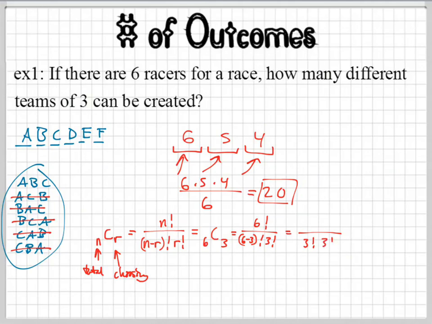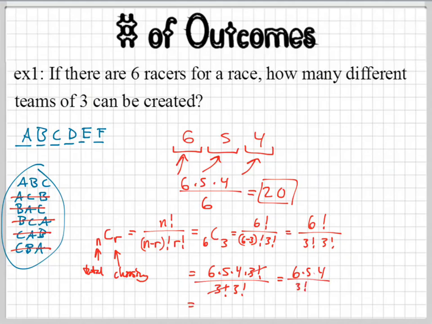So I have 3 factorial and 3 factorial on the bottom, and on the top we have 6 factorial. If I write 6 times 5 times 4 times 3 factorial, that will allow me to cross out one of these 3 factorials, because 3 factorial divided by 3 factorial is 1. So I'm left with 6 times 5 times 4 over 3 factorial. Do you know what 3 factorial is?